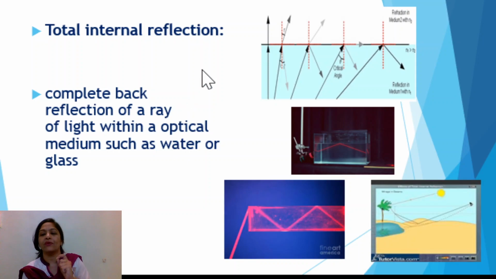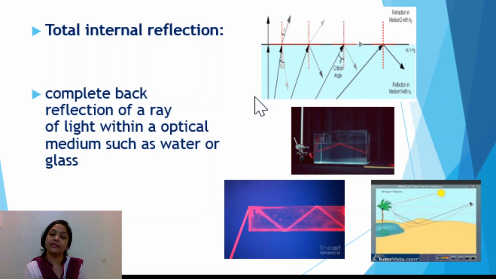Now we'll discuss it with the help of this figure, and we will understand what those conditions are and how they are satisfied here. So here, this is the denser medium and this is the rarer medium we have taken in the diagram, and this is the line of separation of these two media.